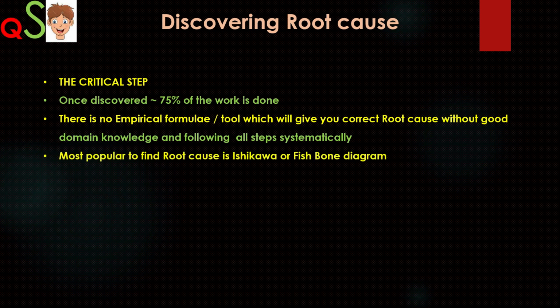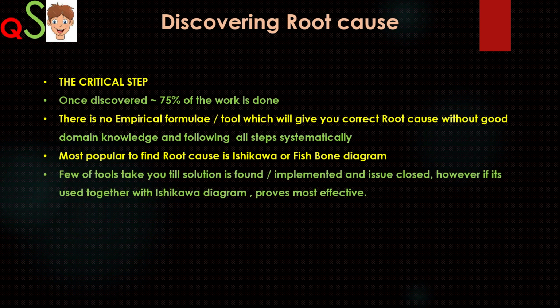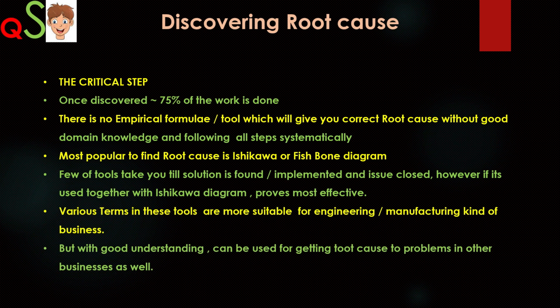However, in my view, the Ishikawa diagram is the most effective tool for finding root cause. A combination of Ishikawa and other tools like 8D would be a good combination to resolve a problem comprehensively. Various terms used in these tools are closer to engineering businesses. However, they can be used to resolve problems in other businesses also, provided our understanding of these terms is very clear.